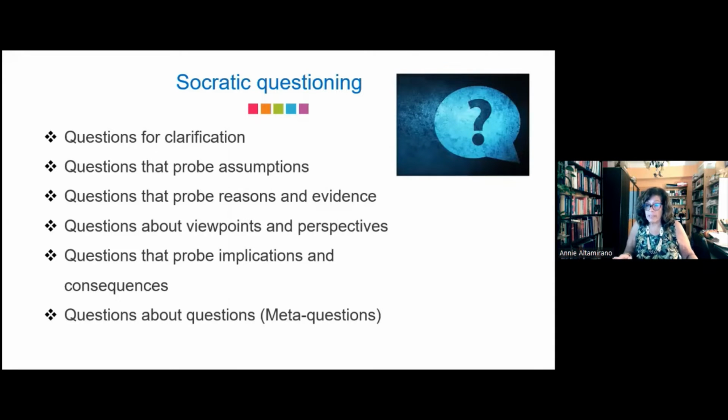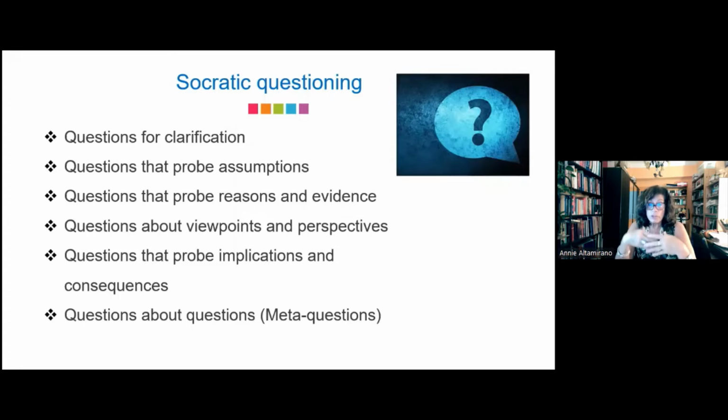Questions for clarification, for example, why are you saying that? Questions that probe assumptions, that make them think about unquestioned beliefs. Questions that probe reasons and evidence: when students give reasons for their argument, dig into that reasoning rather than assuming it is a given.